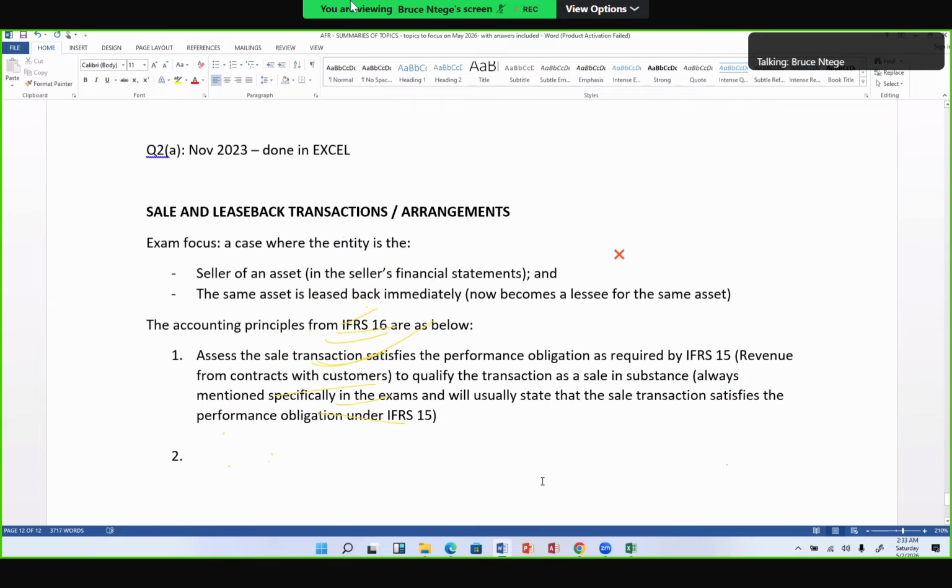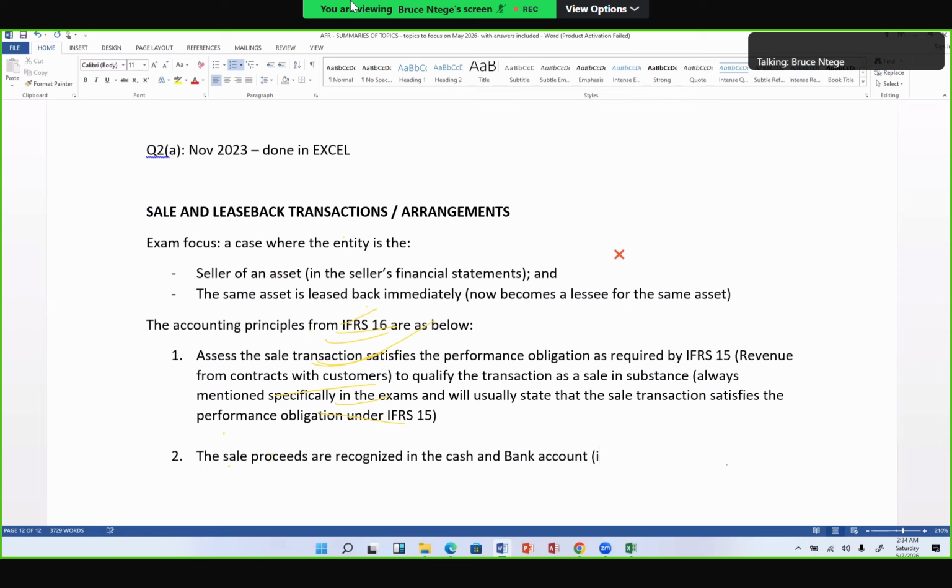So always tell the examiner that the sale proceeds are recognized, if cash is received, in the cash and bank account. Always in the exam.